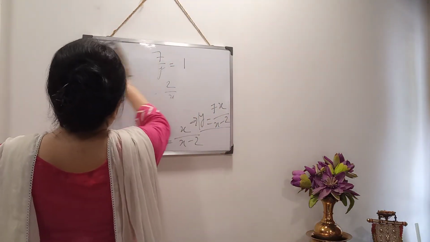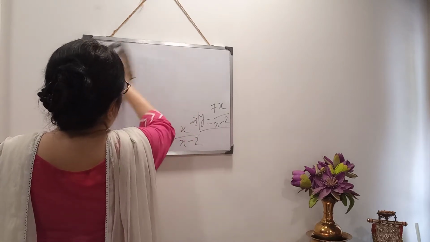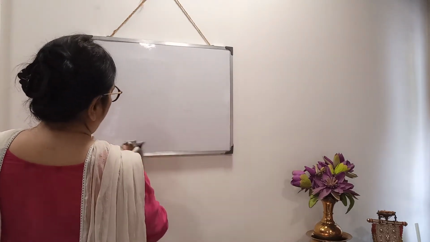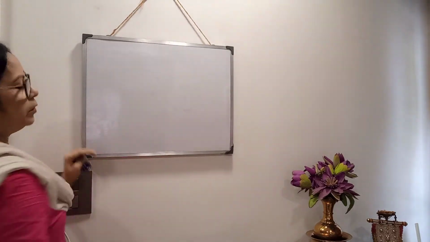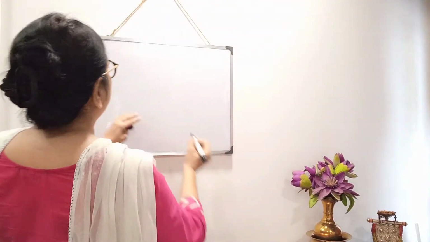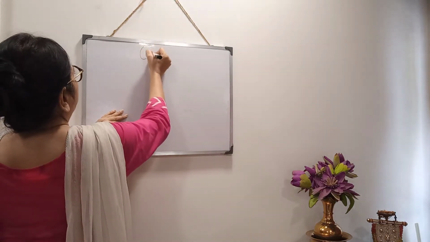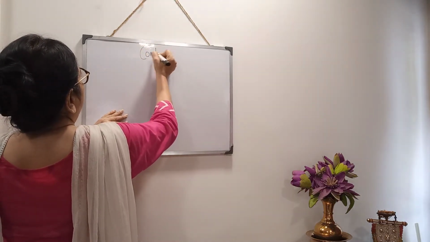First, from both the equations we will express one variable in terms of other, then we will compare these two equations. Now see, method of comparison. This is the most easy method.